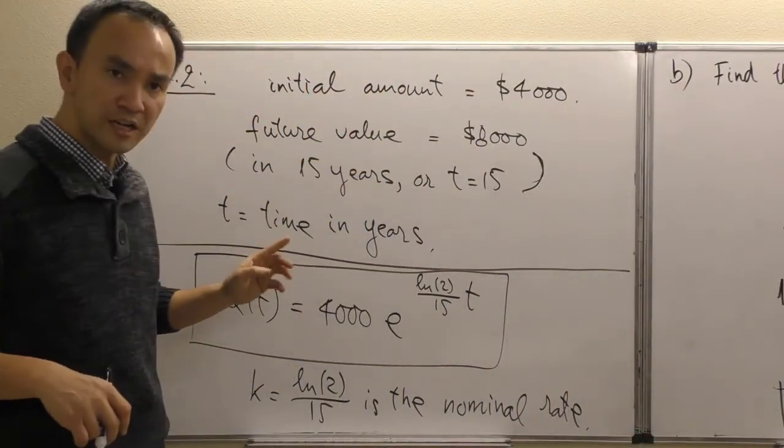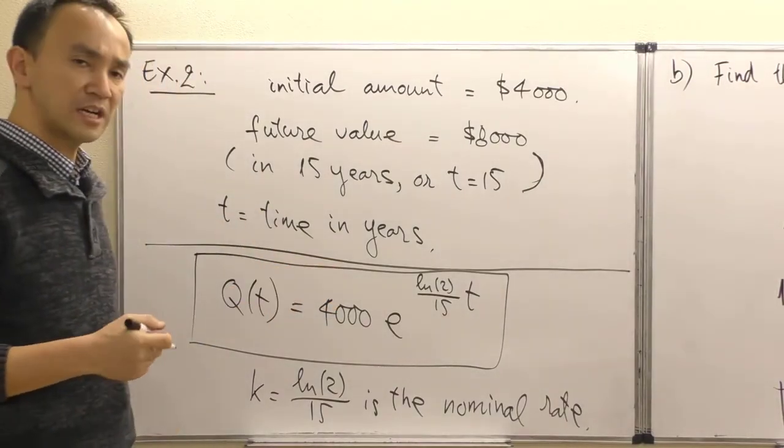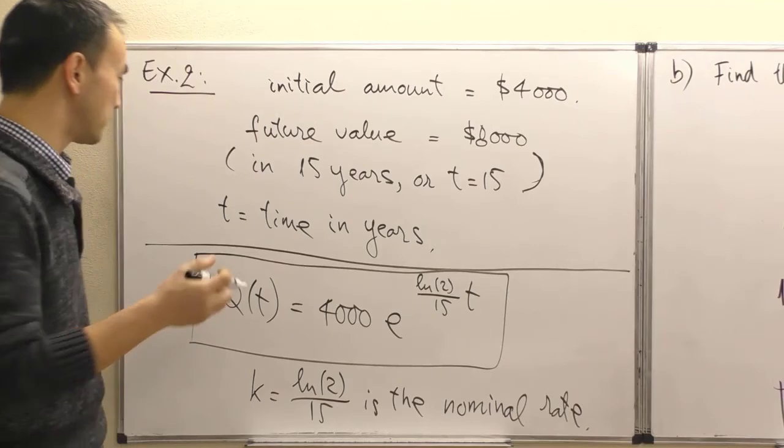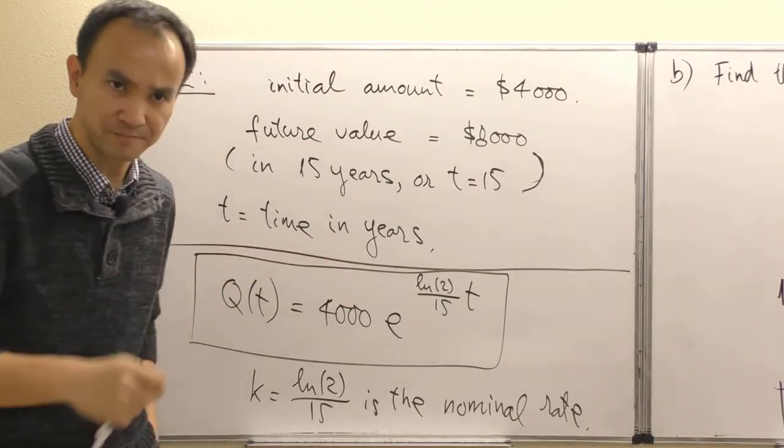Our default time period is in year. It's every 1 year that is the default time period, and we extracted that clue from that piece of information where it said it was at some given annual interest rate.